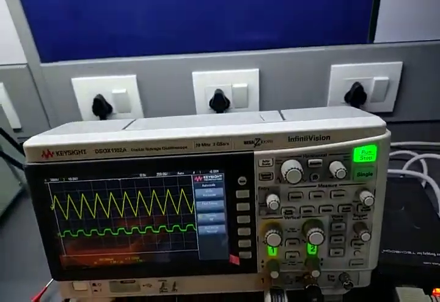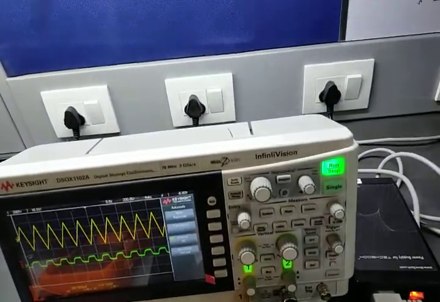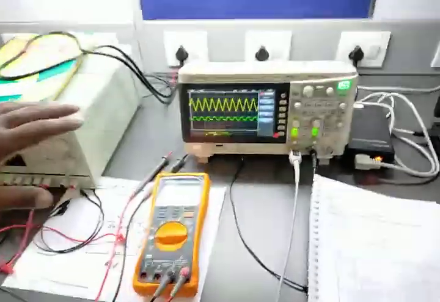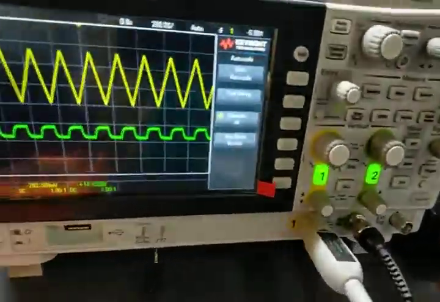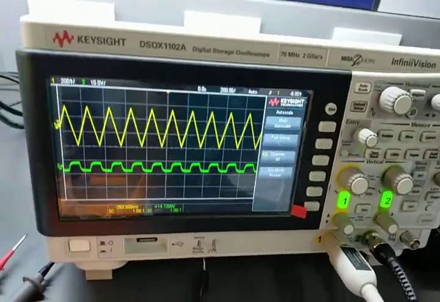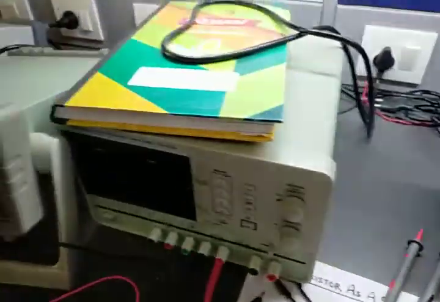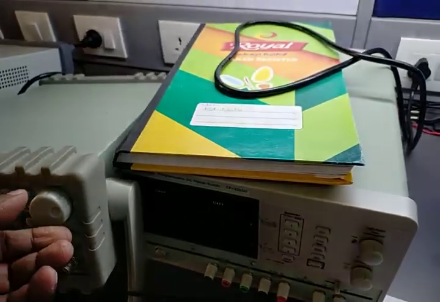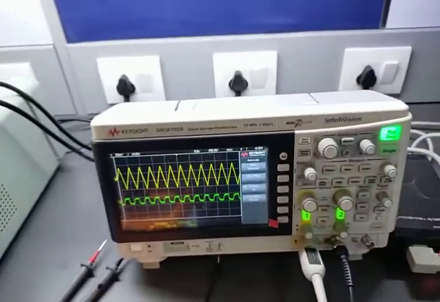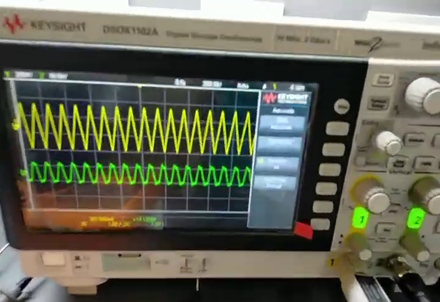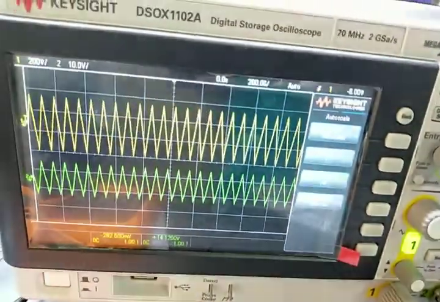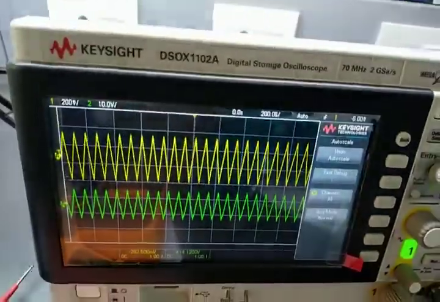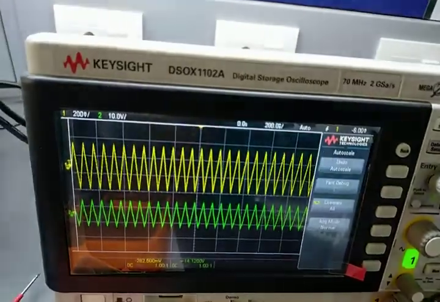Now I am going to change the frequency of the signal. As you can see, 5 kilohertz is our initial frequency, and now I am going to increase the frequency of the signal, and you can see what is happening here. Now you can see our input and output signal is the same triangular wave.